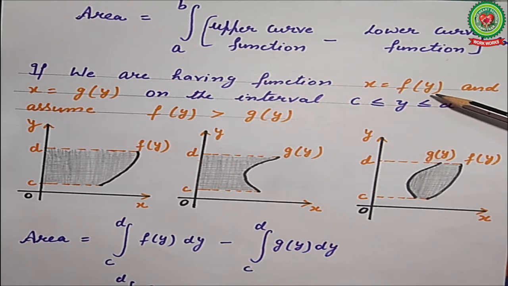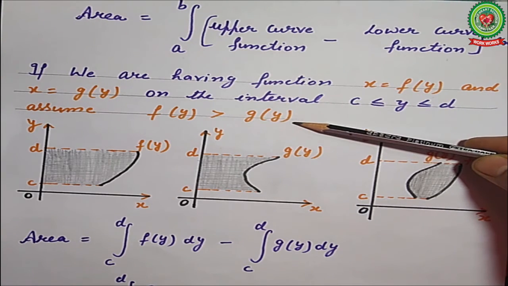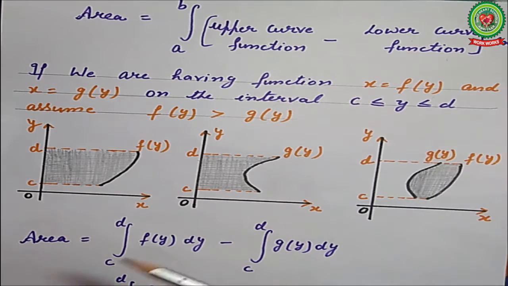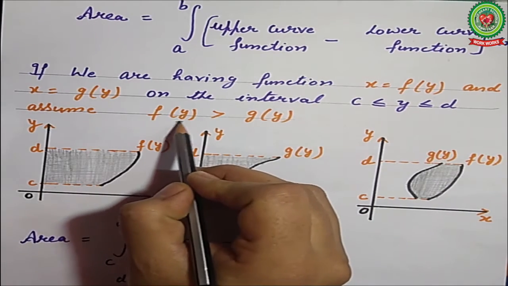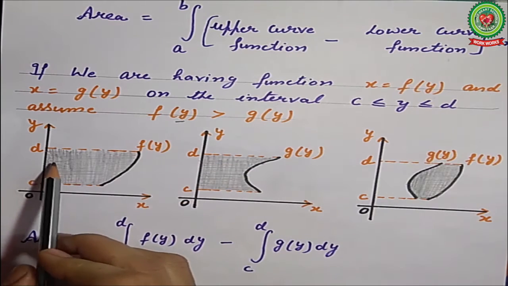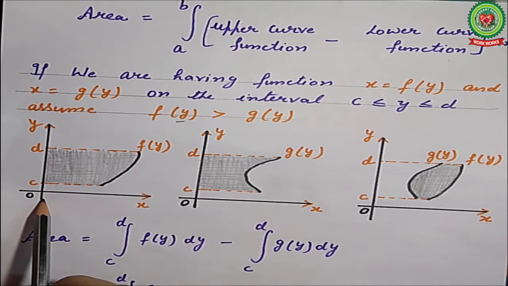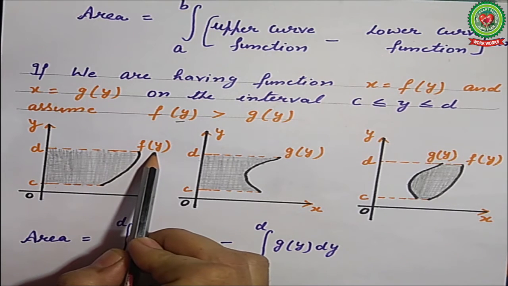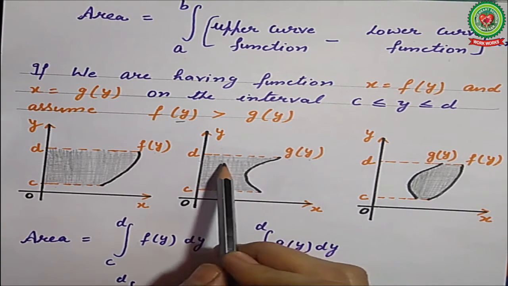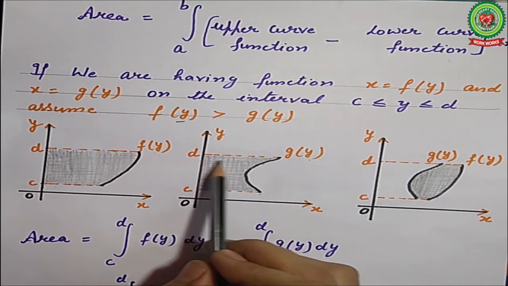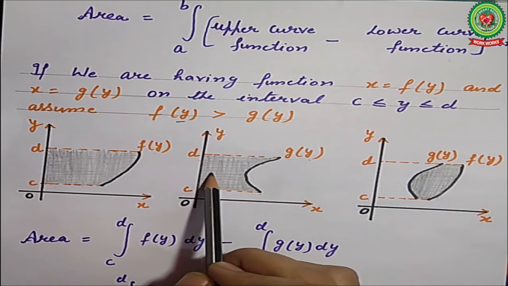Whenever we assume that the f(y) function is greater than the g(y) function, then whatever curves result by plotting, because the function is in the y variable, we will shade the area enclosed with the y-axis. Let's suppose it has this shape. So, the enclosed area with the y-axis is this one. We can shade that.